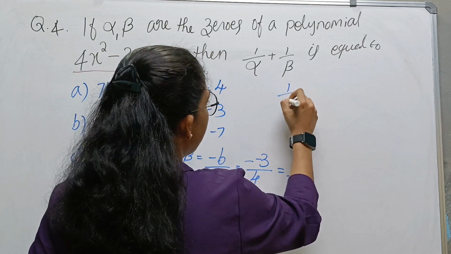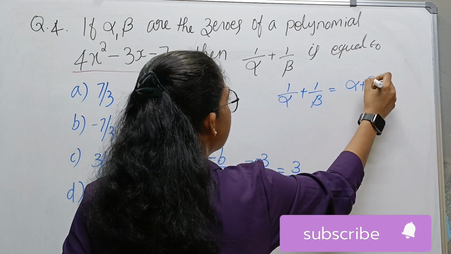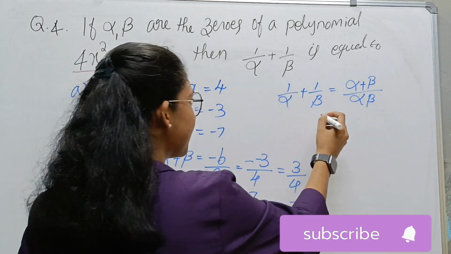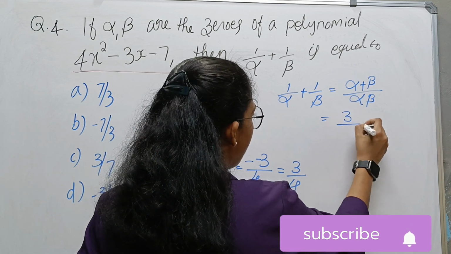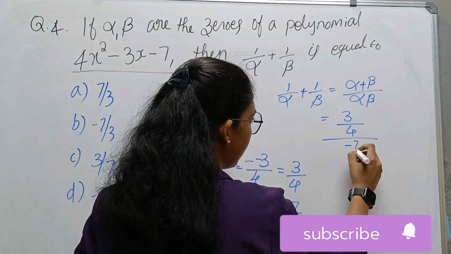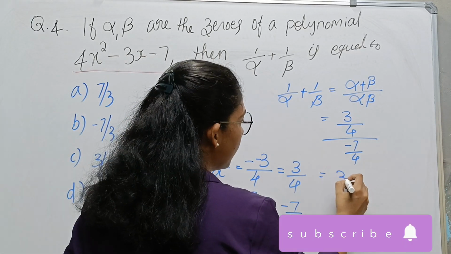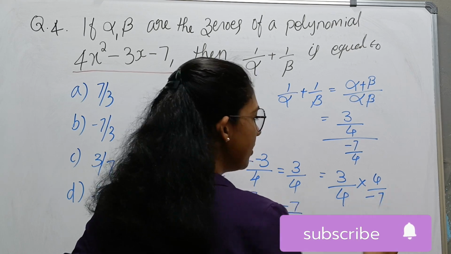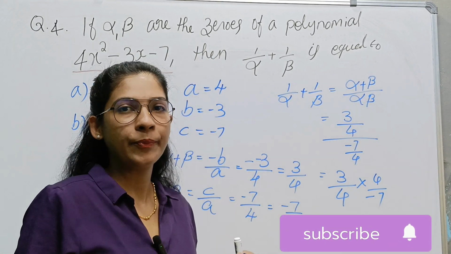Now 1 by alpha plus 1 by beta is equal to alpha plus beta divided by alpha beta. What is alpha plus beta? Which is 3 upon 4 whole divided by alpha beta, which is minus 7 upon 4. That equals 3 by 4 into 4 divided by minus 7. Why do we take 4 upon minus 7 here?